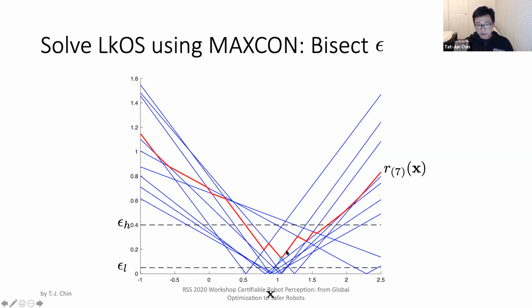Every time I have a specific epsilon range, I check in the middle. Can I find an x that contains the most number of inliers, and what is that number? I keep going until that number is the number I want for the LKOS, let's say 7, and then I would have found the solution.